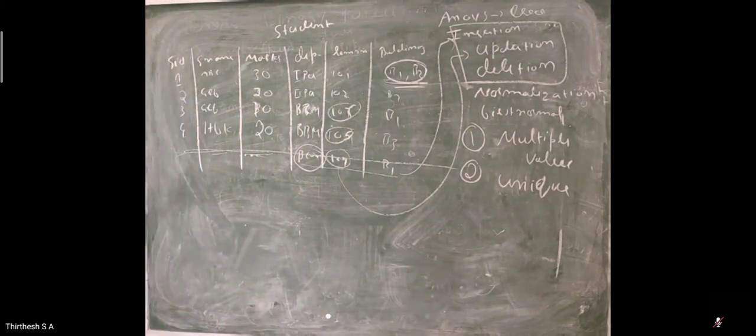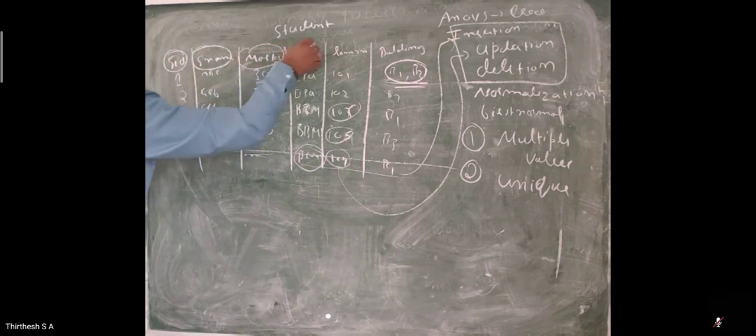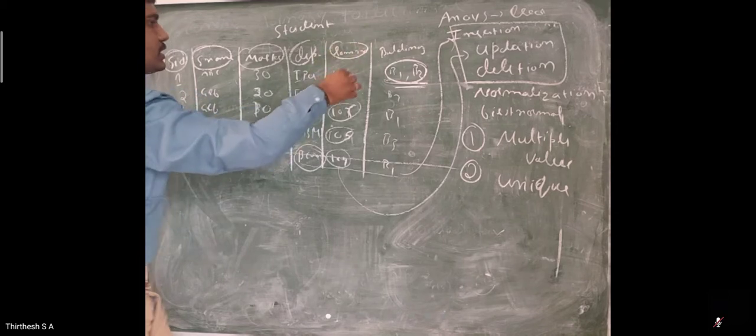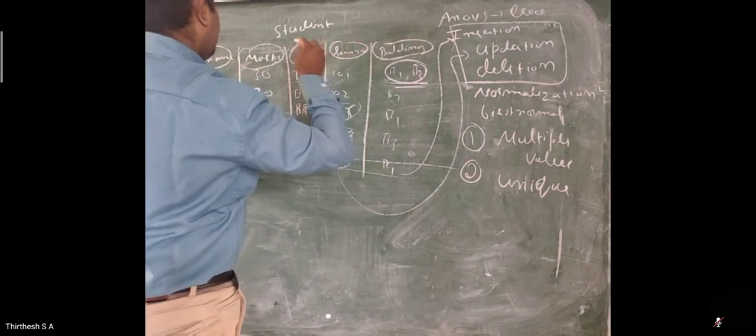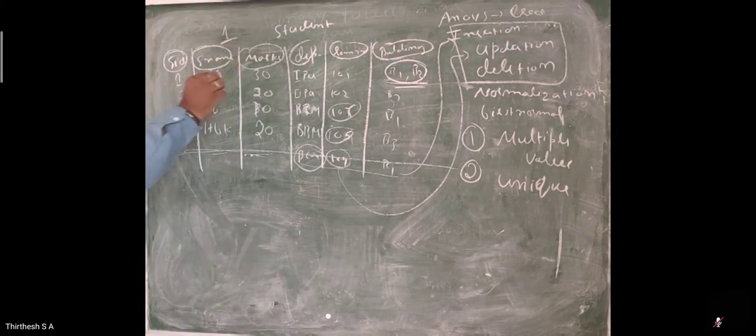For example, in a table only one SID must be there, only one name, marks, department, room number or building. Each and everything must have only one. It should not have multiple sets of data.